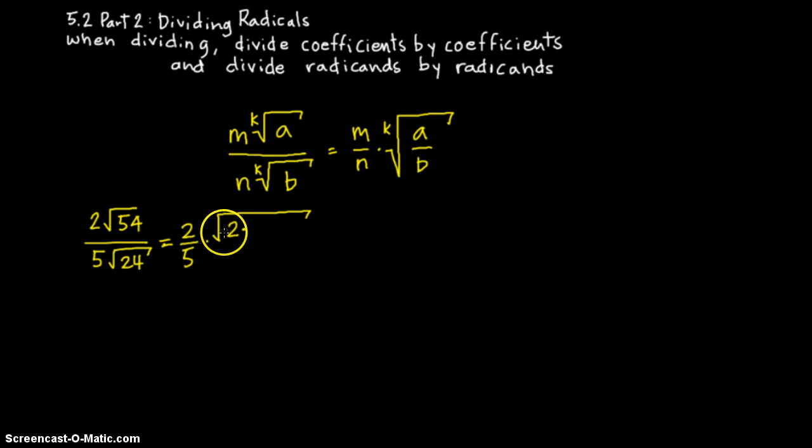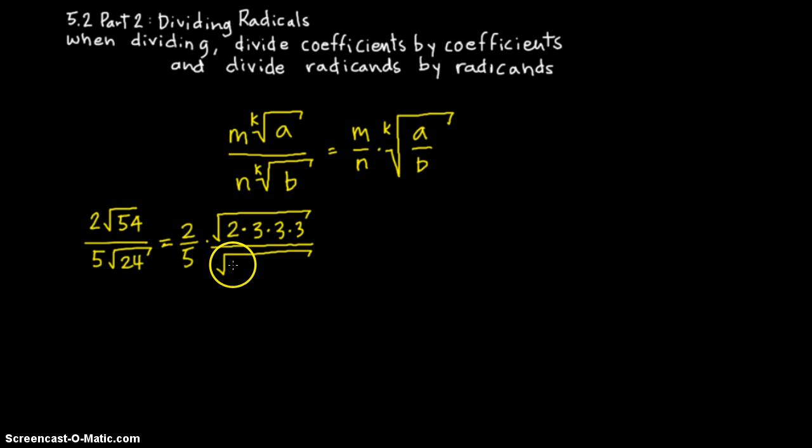Okay, so 2 times 27. 27 divided by 3 is 9, so 9 is 3 times 3. So 2 times 3 times 3 times 3, that's 54. And I divide by the root of 24.